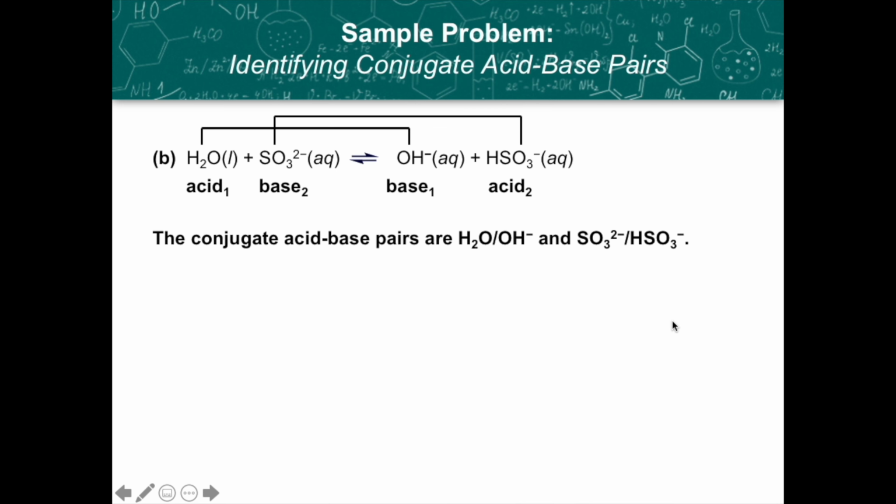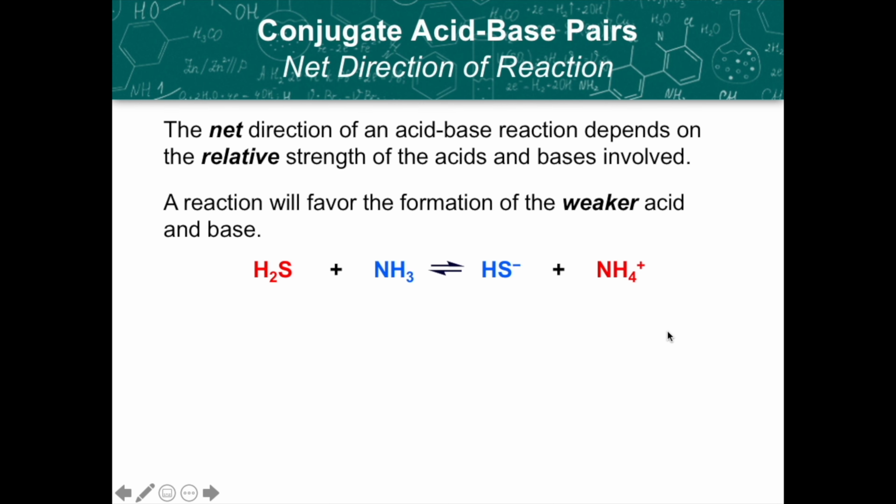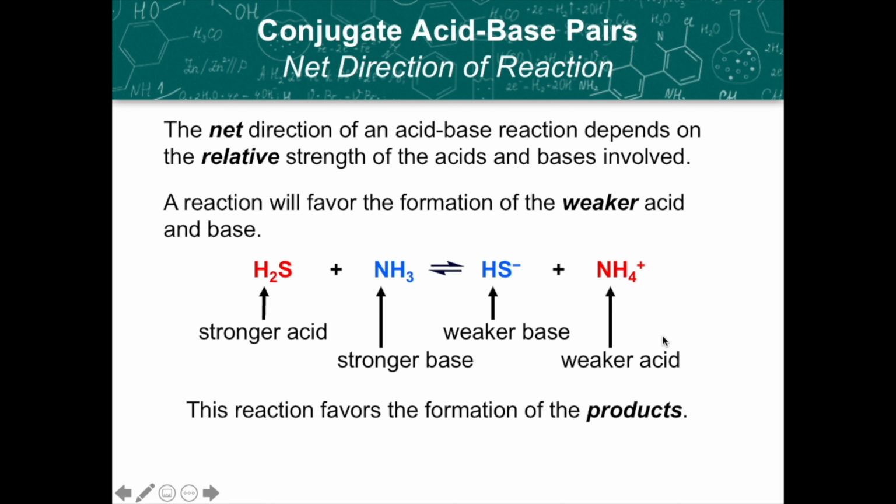Now, we can also identify the net direction of a reaction. The net direction of an acid-base reaction depends on the relative strength of the acids and bases involved. We have to remember that a reaction will favor the formation of the weaker acid and the weaker base. In this example, we have hydrosulfuric acid and ammonia, which are a strong acid and a strong base.